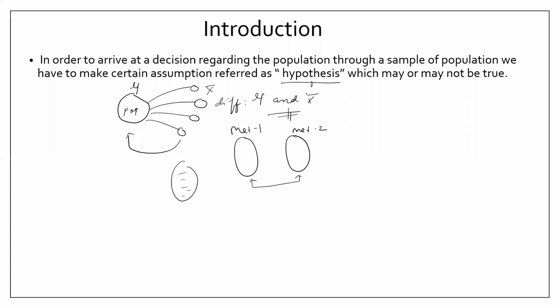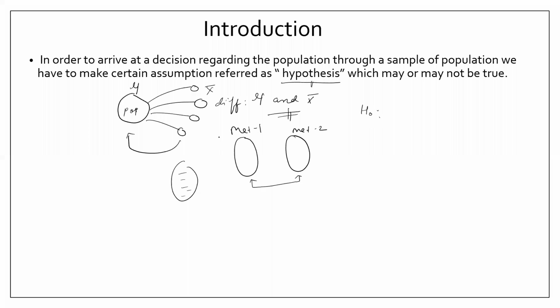So hypothesis testing means what? Whatever the method or the things you are about to test, we initially design a hypothesis, which we generally call an assumption or a guess.